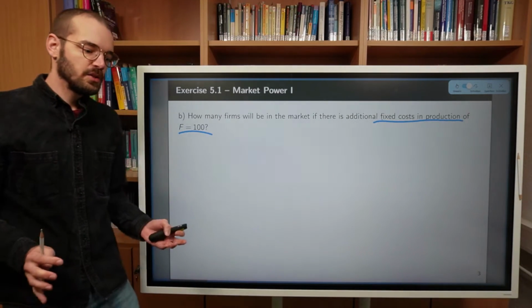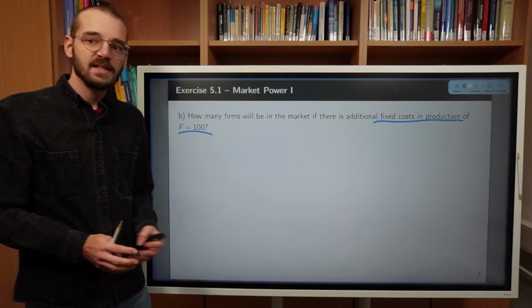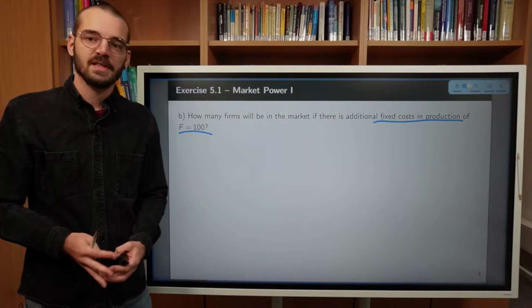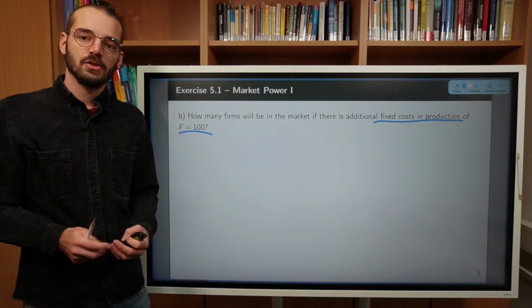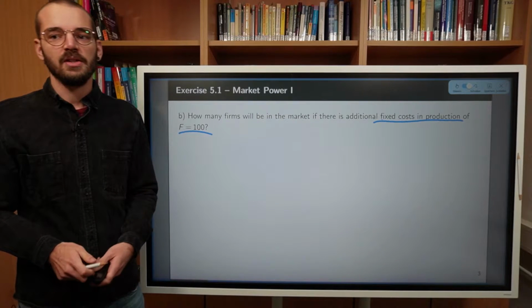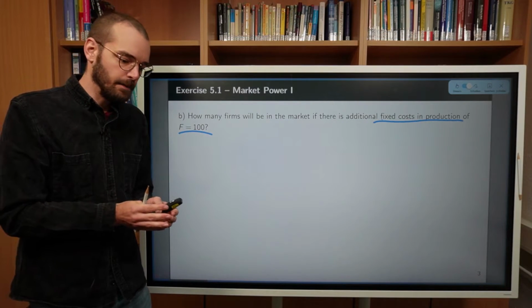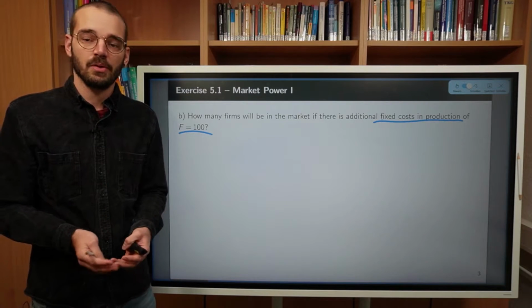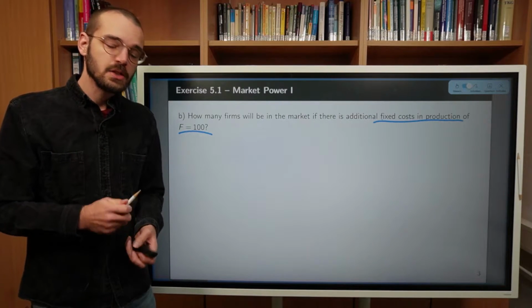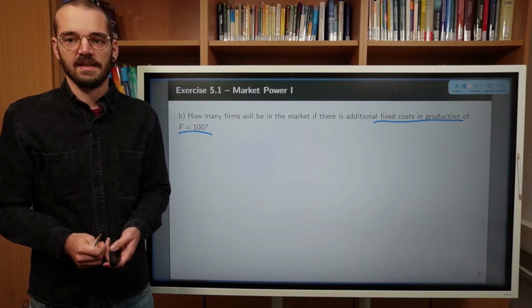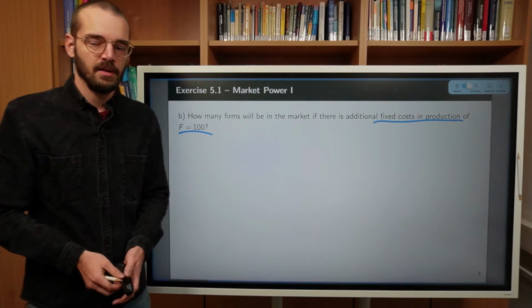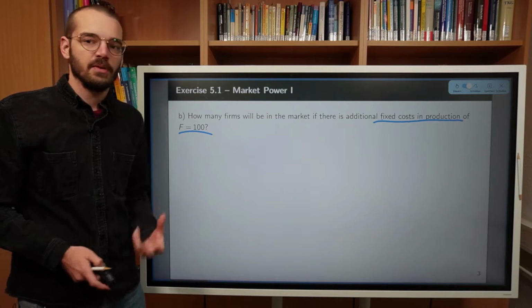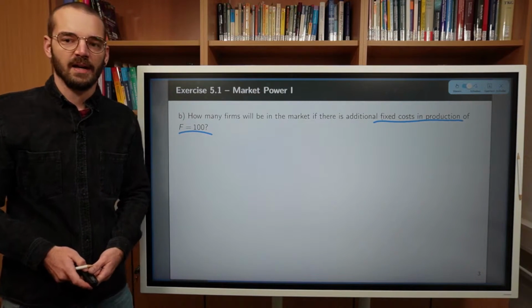All right, so now we are faced with one value for the fixed costs capital F, and are asked to derive, based on this information, what is the number of firms in the market in equilibrium. So really the number of firms is treated as an endogenous size in this version of this model. All right. Now, how can we find out what will be the number of firms in equilibrium in this market?